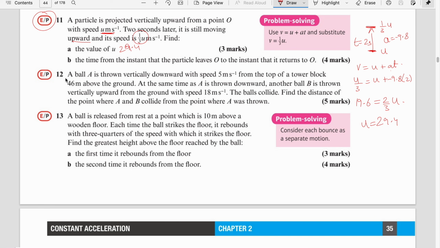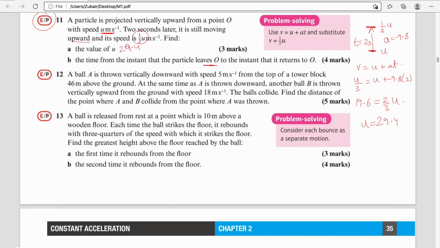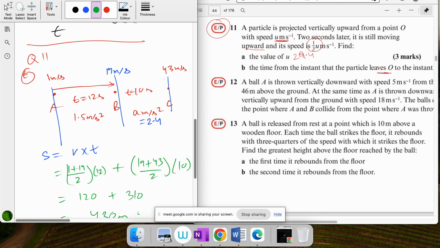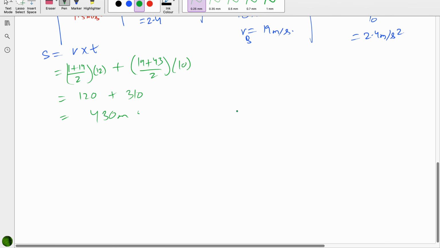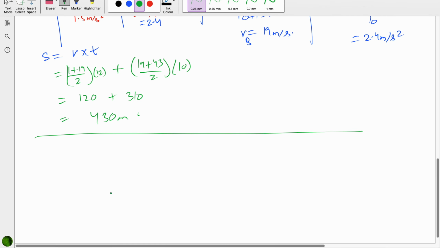Part B: the time from the instant that the particle leaves O to the instant that it returns to O. When it leaves O and returns to O, this is the situation. It leaves with speed u, returns with speed u, and at the highest point the speed is 0 meters per second.